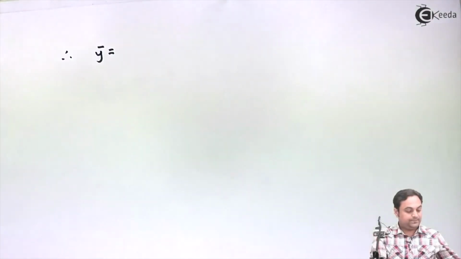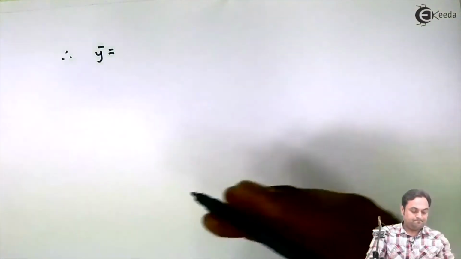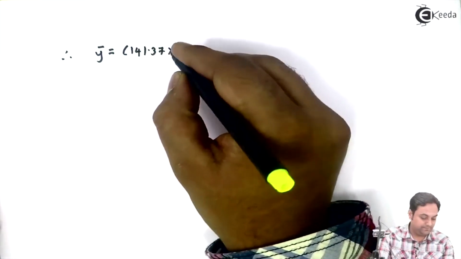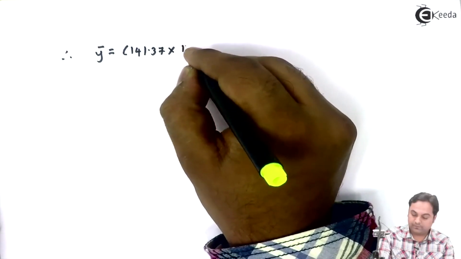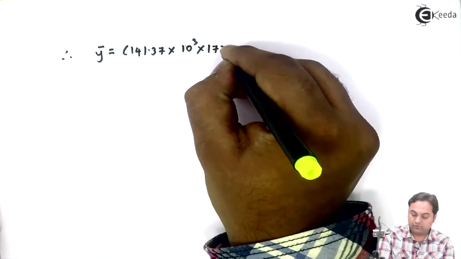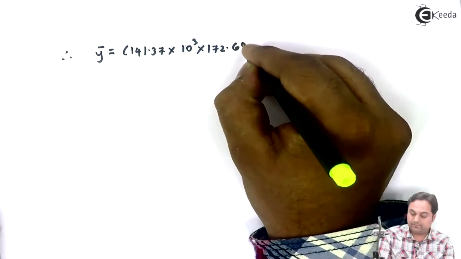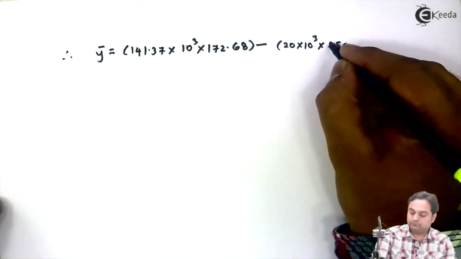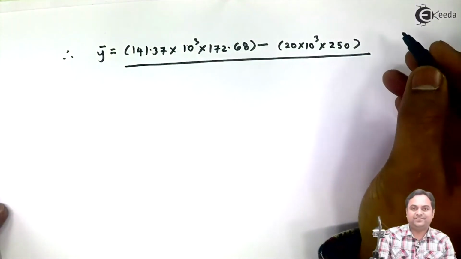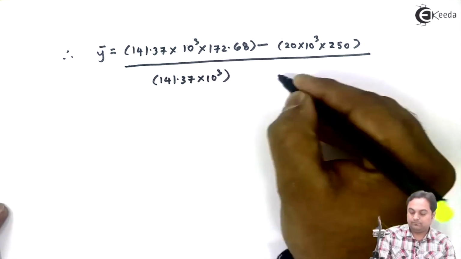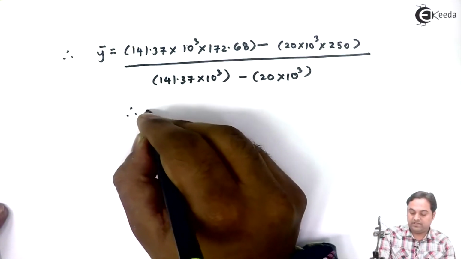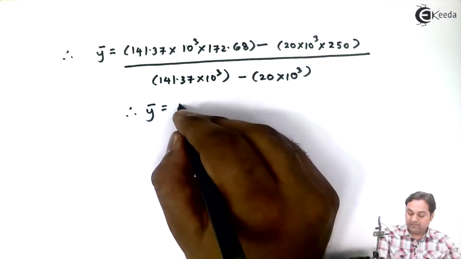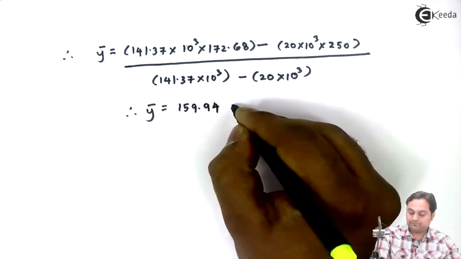So a1 is 141.37 into y1, 172.68, minus a2 y2, upon a1 minus a2. So from this I will get y bar value, and my answer is 159.94 units.